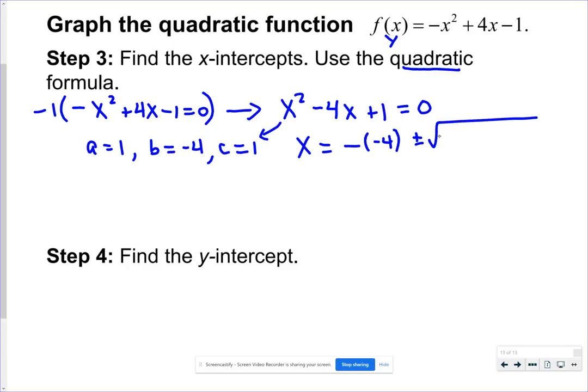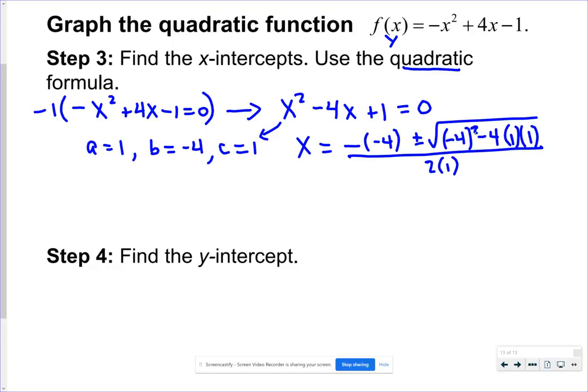Okay, here we go, little memorization technique: the negative of b plus or minus the square root of b squared minus 4 times a times c, all over 2a.